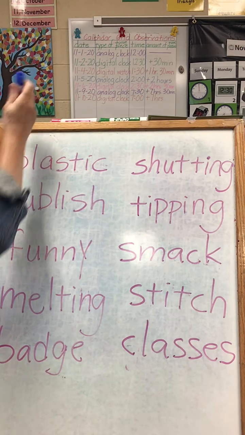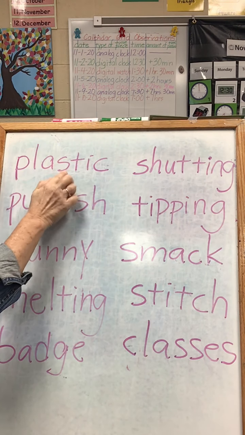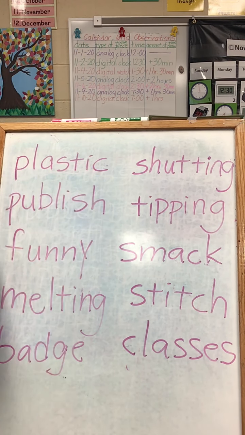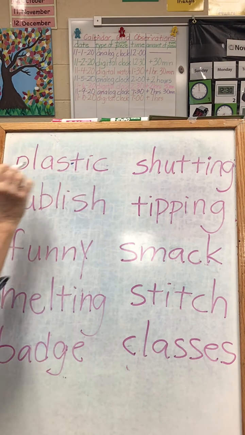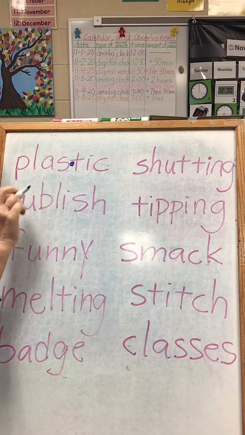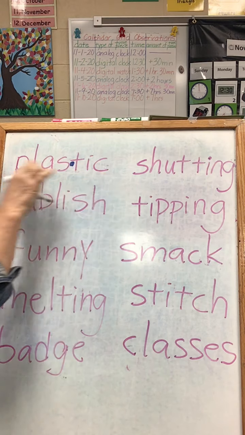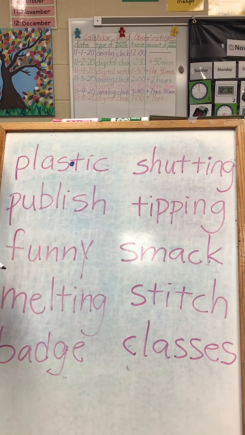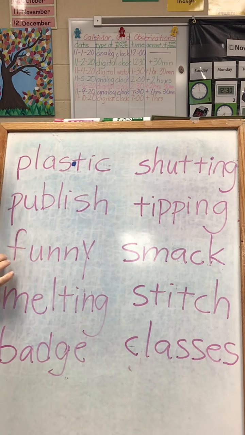For instance, if you did not know this word, you could see vowel, consonant, consonant, vowel, and you would know that you could divide it into syllables right in between the two consonants, and it would say plastic, plastic. Okay? All right, so repeat after me.